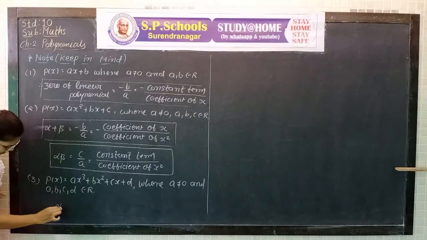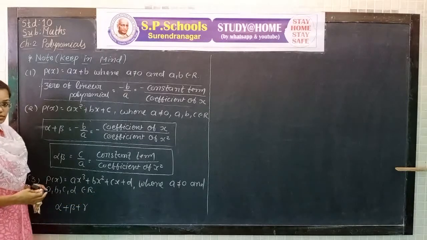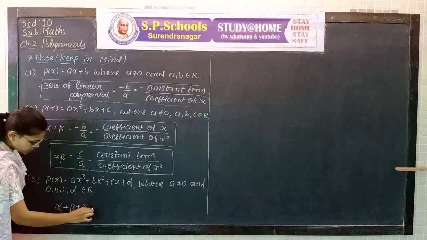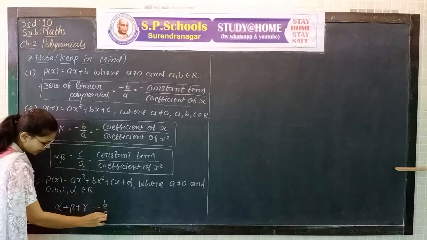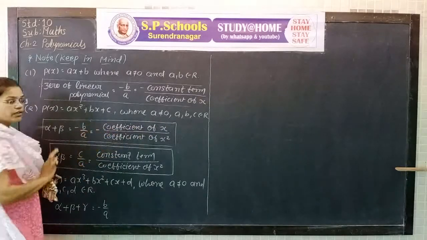First is alpha plus beta plus gamma. Again we know alpha, beta and gamma are the zeros of the cubic polynomial, and this is equal to again minus b upon a, but not that b is the coefficient of x and a the coefficient of x square.